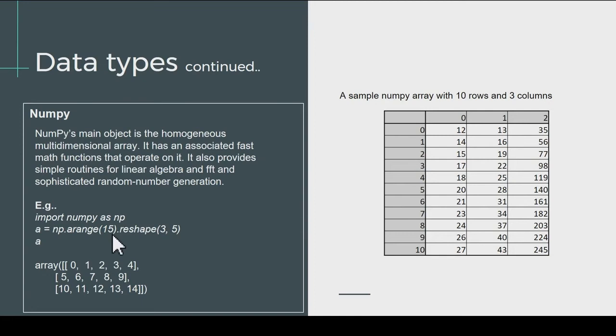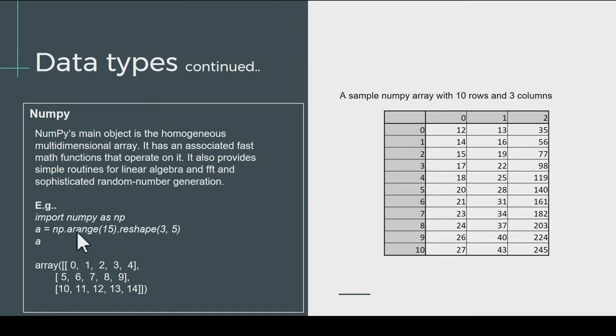For the moment, ignore the second half. Just concentrate on the first half. a is equal to np.arange(15). So you're invoking the function arange from NumPy and we're passing a parameter 15. What will happen over here is it will create a NumPy array with 15 elements. It will start from 0, end at 14, and it will be one dimensional. That is, it will have just one row.